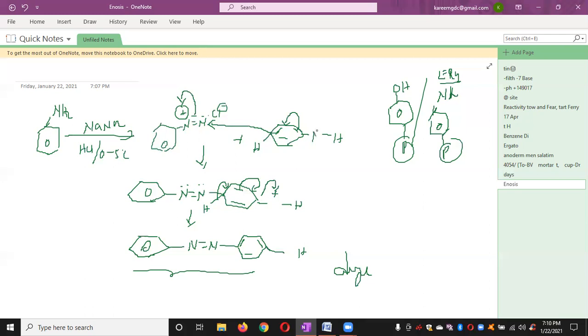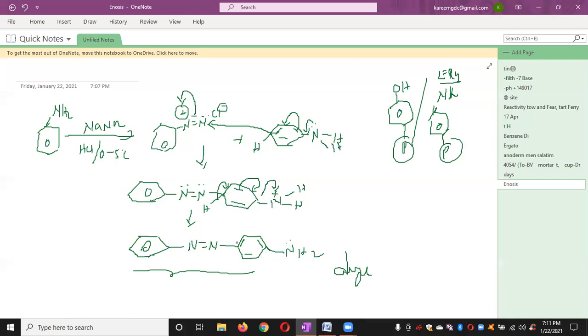What is the formula? NH2. Then the same thing happens. This lone pair of electrons shifts here, then this double bond shifts here, then this double bond attacks on this one. Again, we get one more diazonium ion, and again the same thing happens here. We get this, para-amino azobenzene.